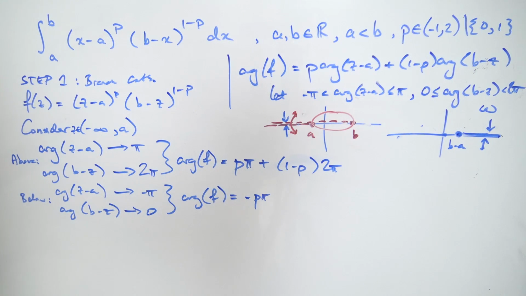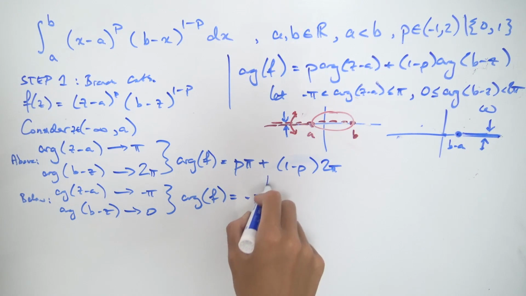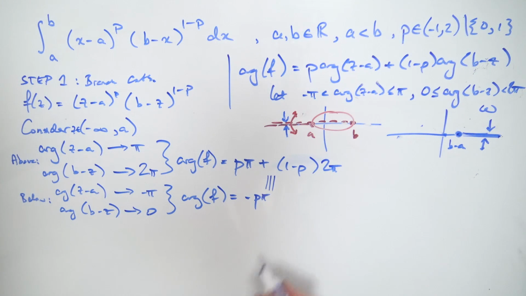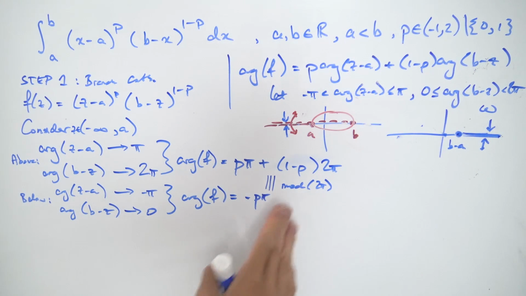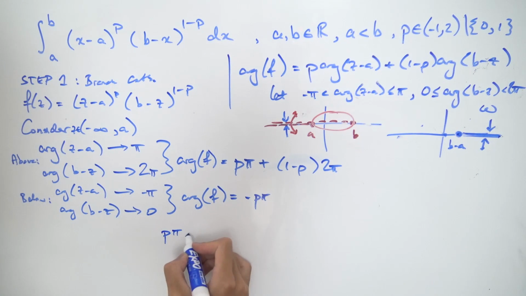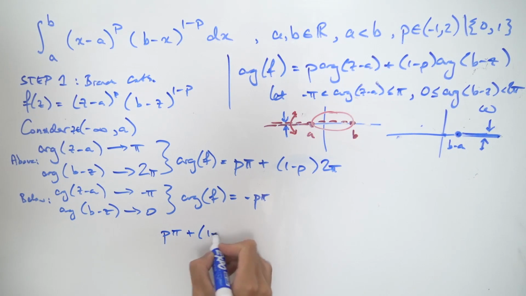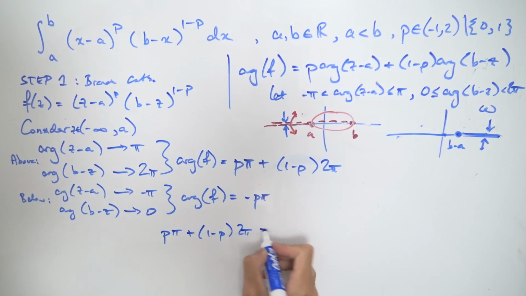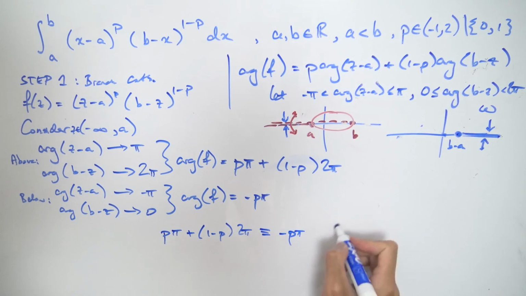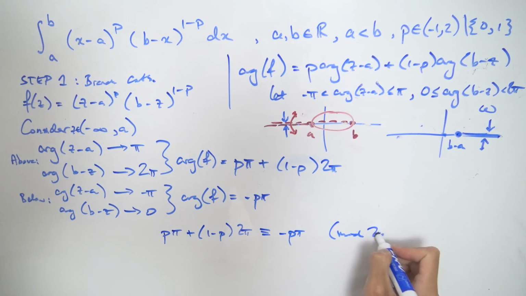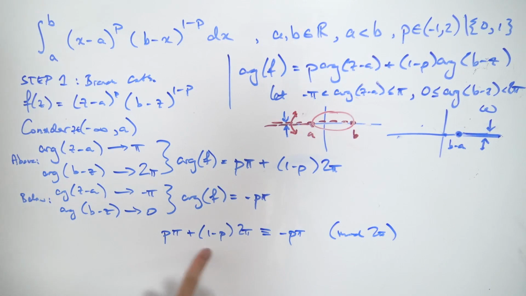And in fact, the nice thing is, these two things are actually congruent mod 2 pi. Because if your argument is congruent mod 2 pi, then you're going to end up with the exact same complex number, and we can show this quite easily. Let's suppose p pi plus 1 minus p times 2 pi is congruent to minus p pi, mod 2 pi. That means, let's expand things out a little bit over here. So let's actually add p pi on both sides.